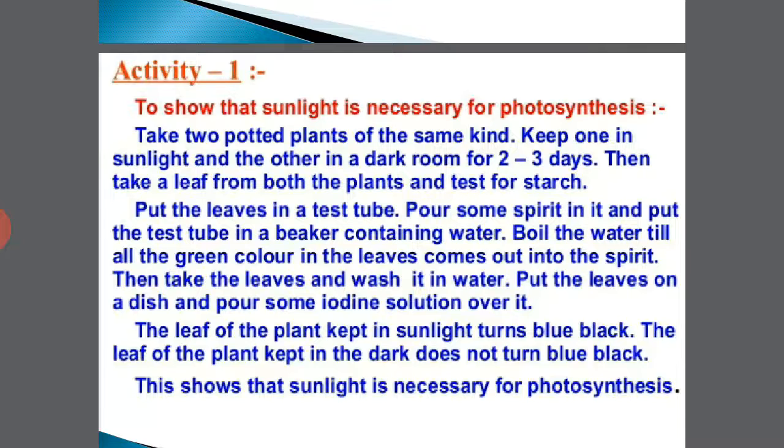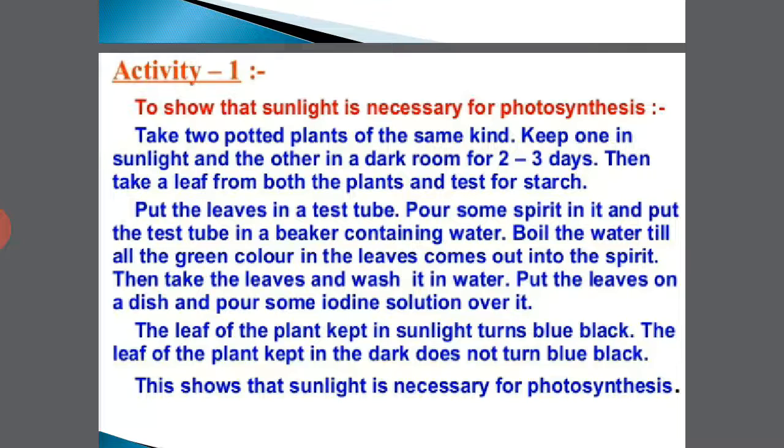Boil the water till all the green color in the leaves comes out into the spirit, and then take the leaves and wash them in water. Put the leaves on a dish and pour some iodine solution over it. The leaves of the plant kept in the sunlight turn blue-black. The leaves of the plant kept in the dark room do not turn blue-black.